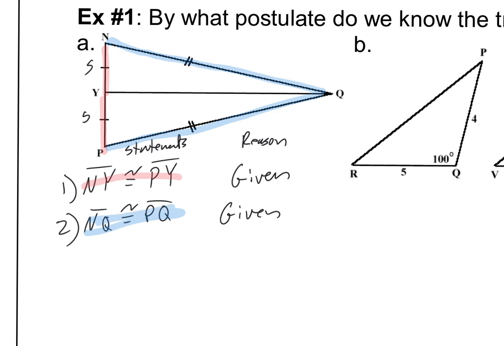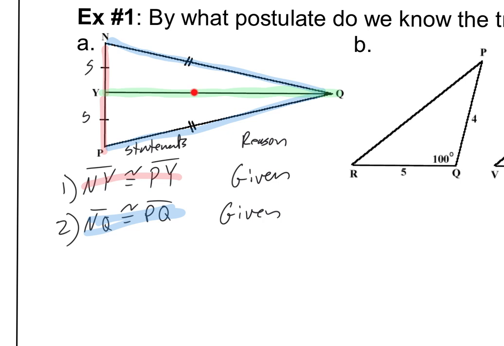All right. But that's only two sides. And we know so far we need at least two sides and an angle, or all three sides. So what else do I have? Well, this is where you're going to have to look at the picture and see if there's anything else that you can infer or conclude. And if you draw a line right at the center here, you might be able to say, I think that this line segment, YQ, is congruent to itself.